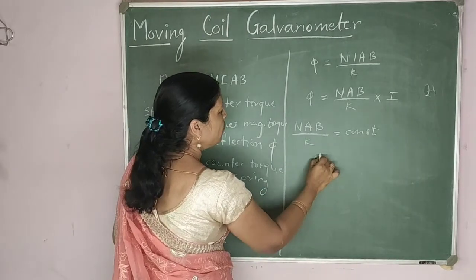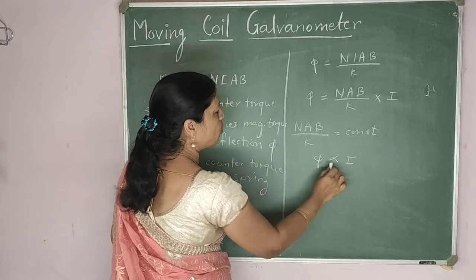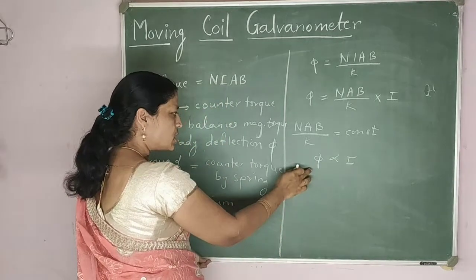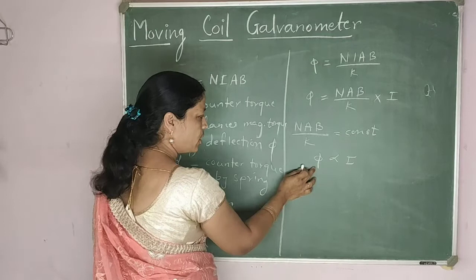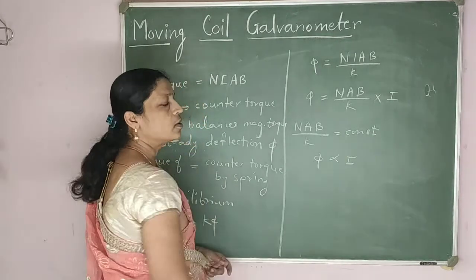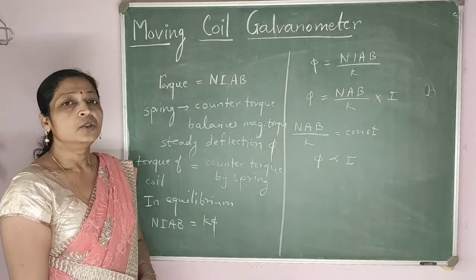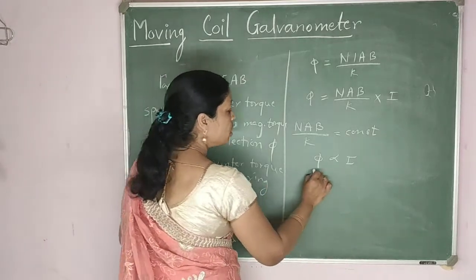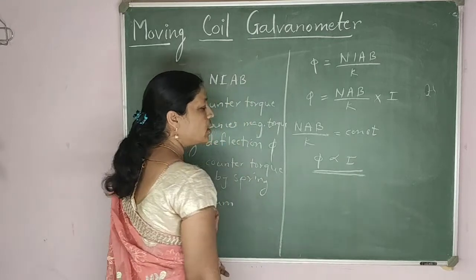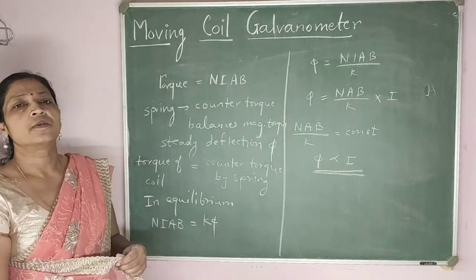So we got that the deflection produced by the coil, or the deflection produced by the galvanometer pointer, is proportional to the current flowing through the coil. By using this principle, the galvanometer is used to detect current.